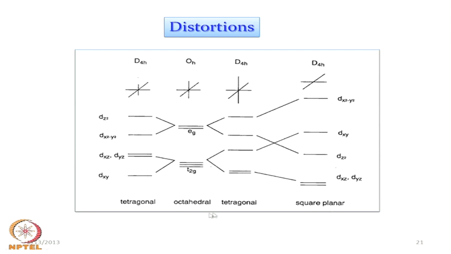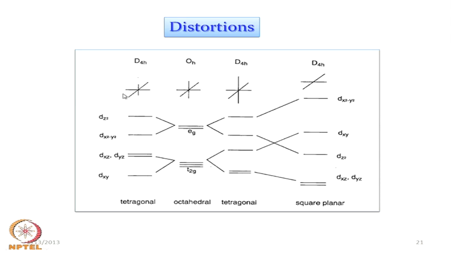So as we move from octahedral to square planar, more and more we are pulling away the z axis ligands. So we have a direct correlation of this t2g set to this doublet set, this t2g set to this dxy level, and similarly eg to this dz square and eg to this dx square minus y square level.